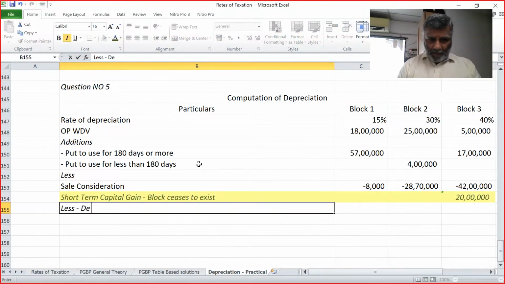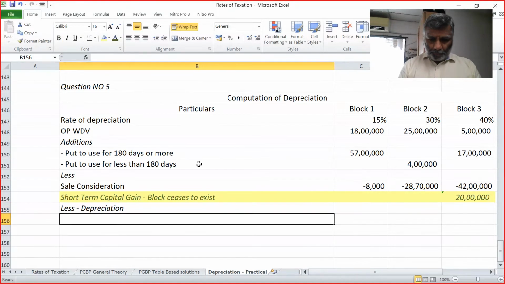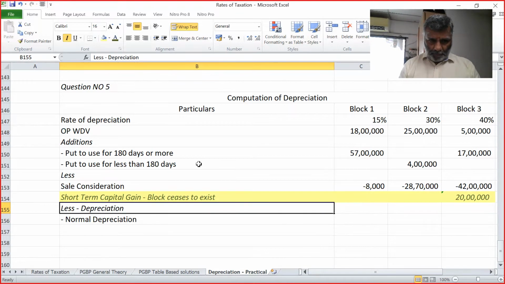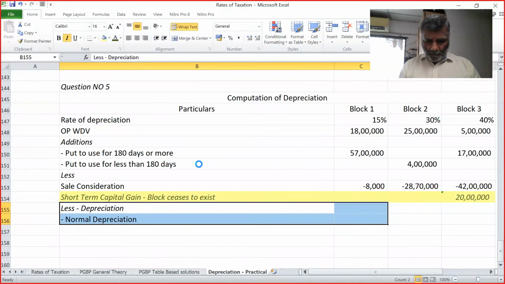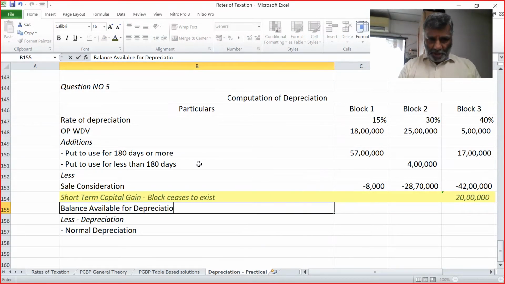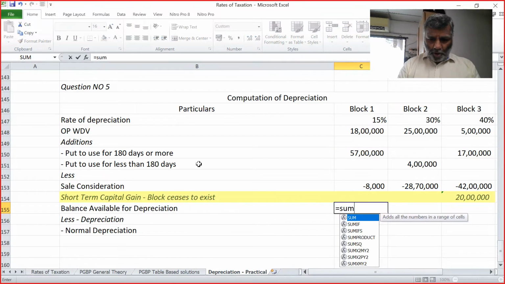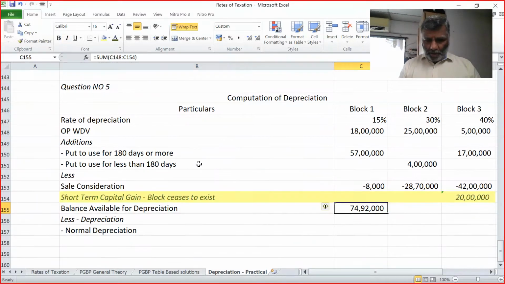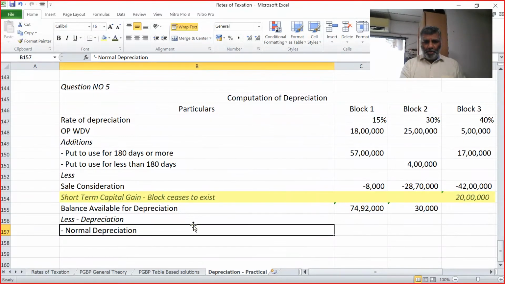Less depreciation. Normal depreciation. Balance available for depreciation for the first two blocks are 74 lakh 92,000 and 30,000.